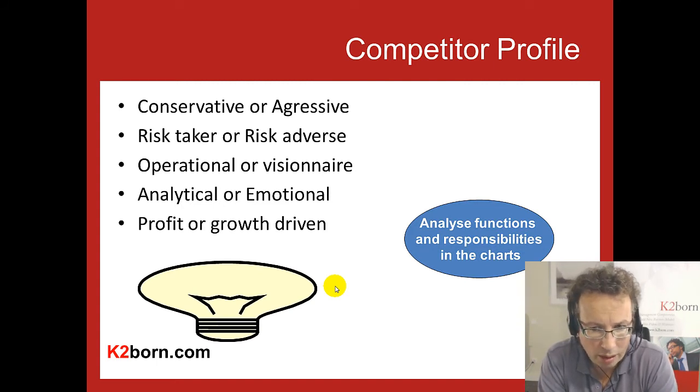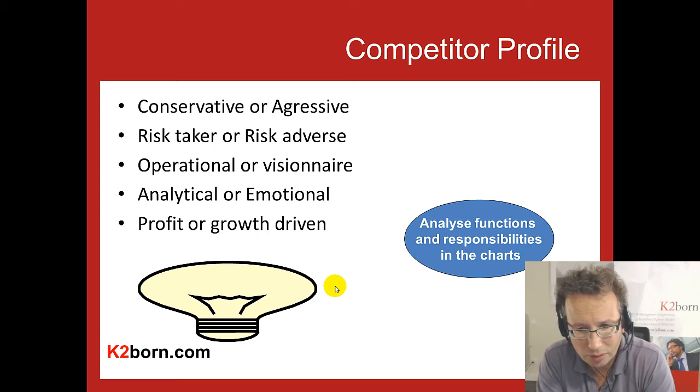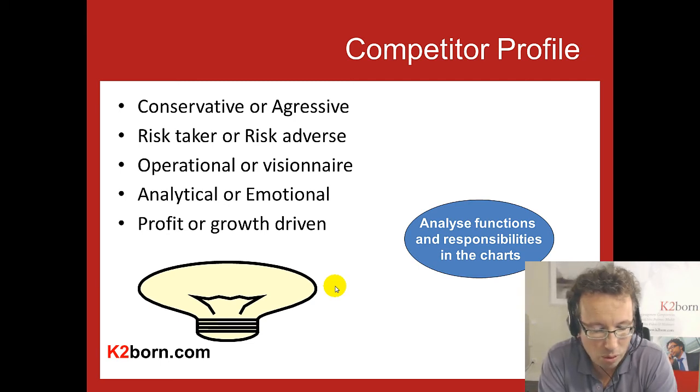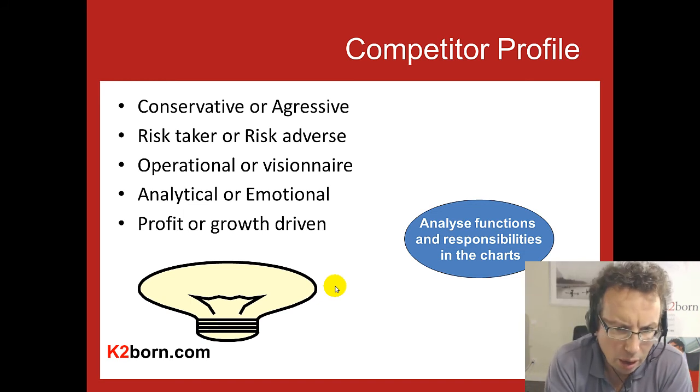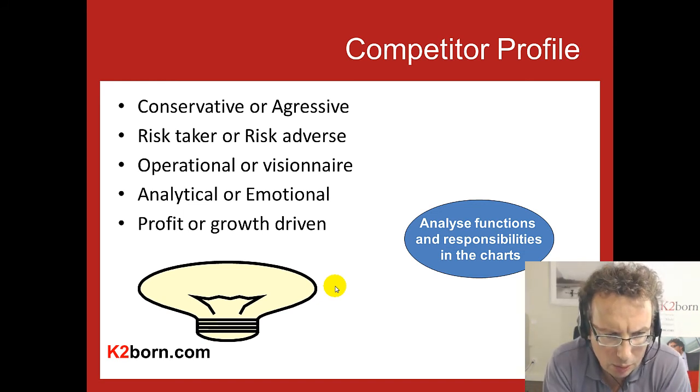If we move on, to consider another element within the competitor profile: are they conservative or aggressive, risk taker or risk averse, operational or visionary, analytical or emotional, profit or growth driven? Here, for instance, let's contrast Jobs and Cook at Apple.